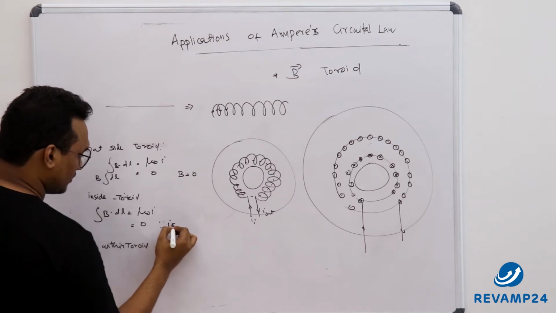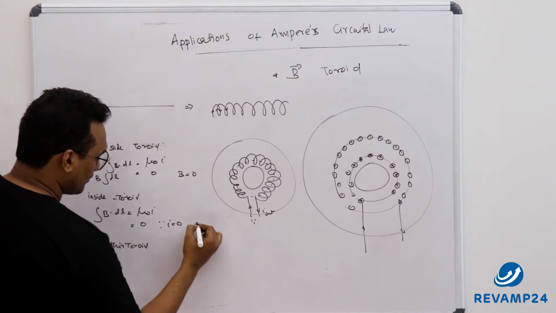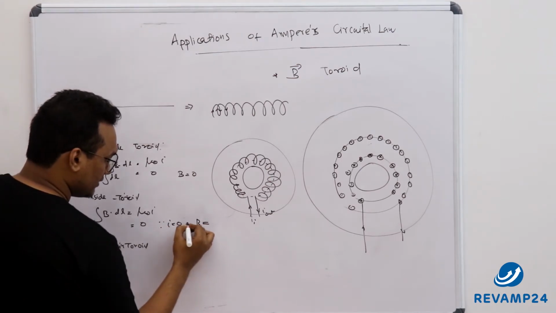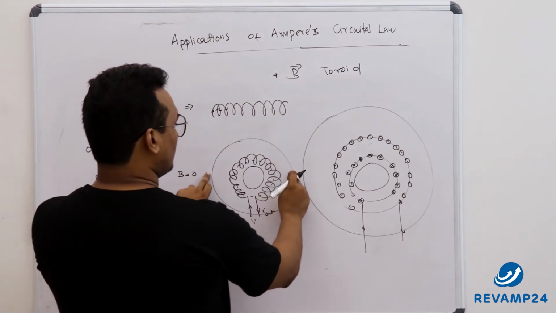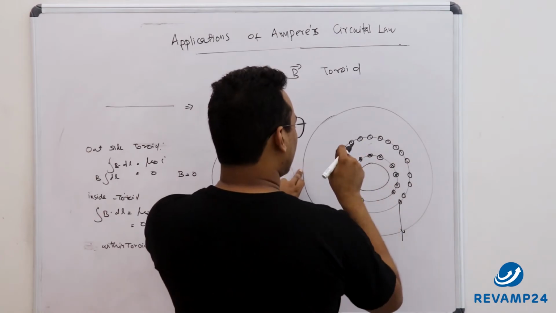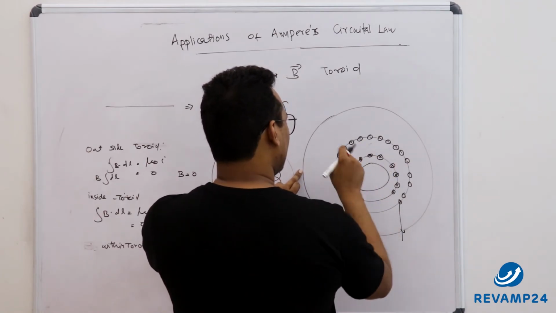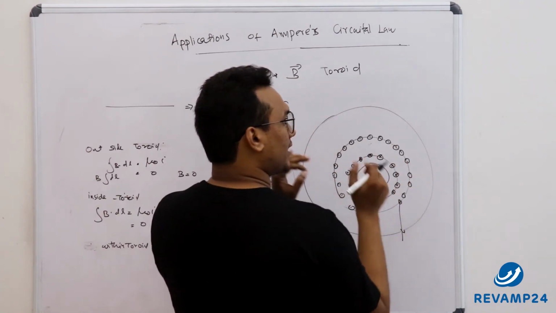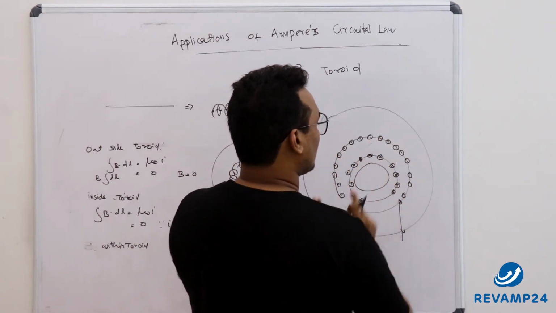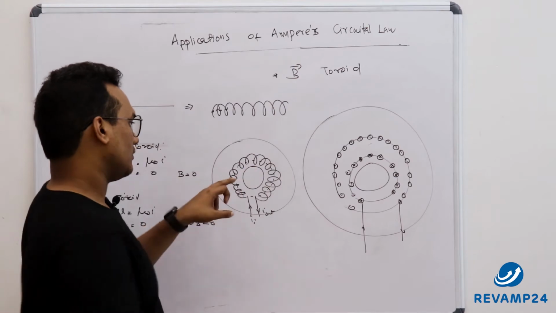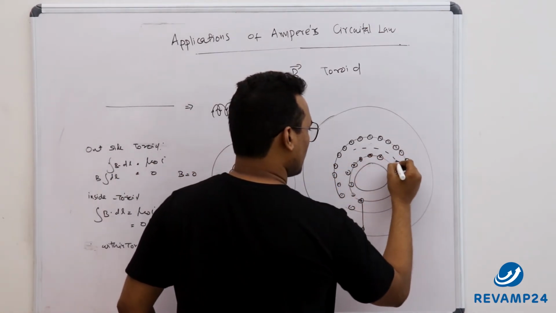Since I is equal to 0, B is equal to 0. So why is the magnetic field 0 here? The net current is 0: entry, exit, entry, exit, entry, exit. The same current enters, the same current leaves. But here there is no current entry and no current exit either. Now this point is very important.